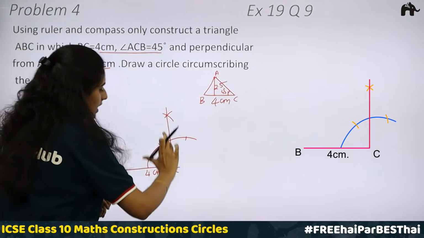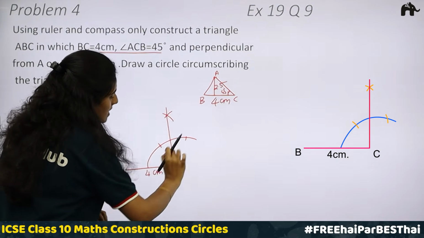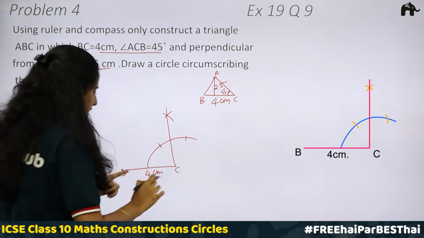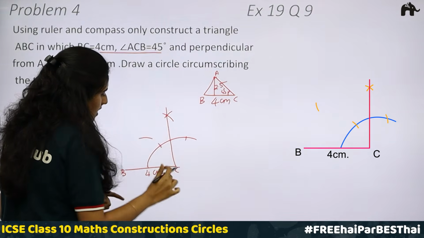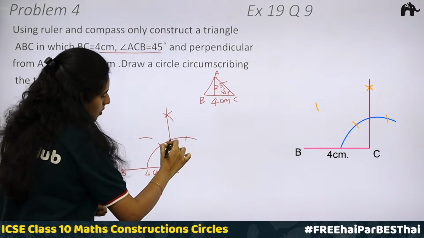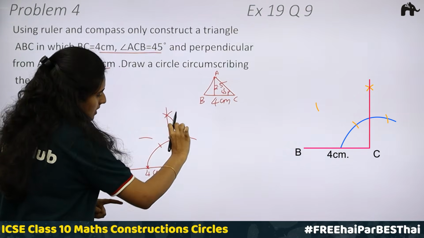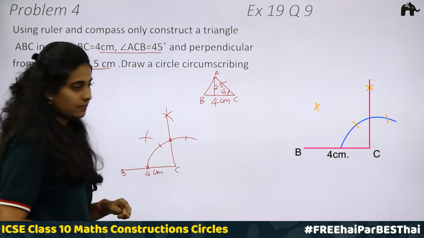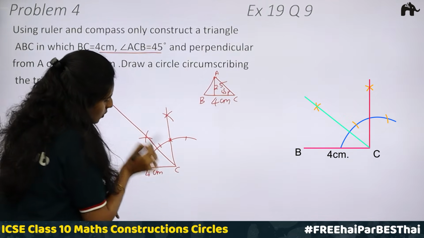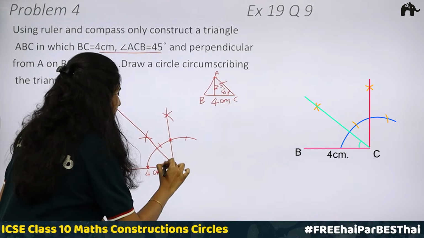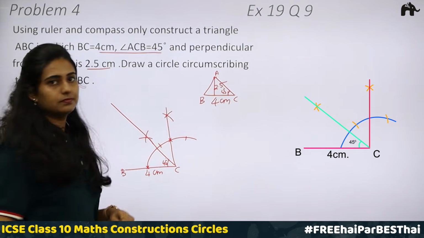To get 45 degree, we need to bisect the 90 degree angle. For that purpose, keep the compass at this point and this point, and cut arcs. Now draw a line passing through this point to C. We get the angle 45 degrees.